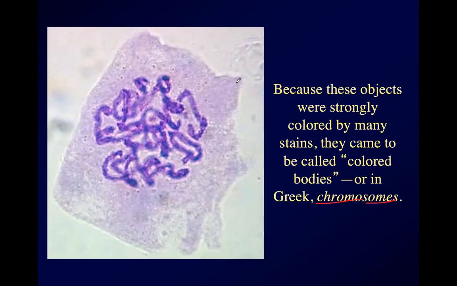In that cell, most of the cell is stained only a very light purple, but the chromosomes have very enthusiastically picked up the stain, and you can see they're a much more deep, vivid purple. So hence the name chromosomes, thingies that are colored.